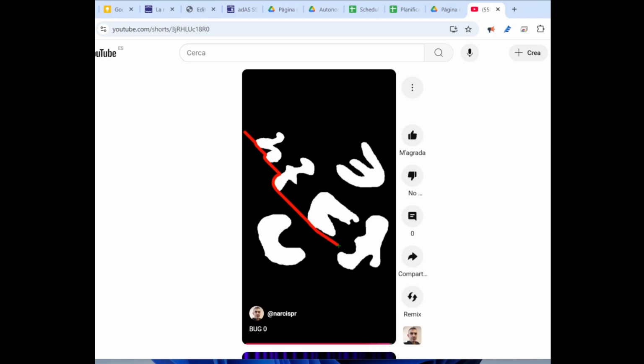Then it just decides to go forward. However, when it reaches here, it notices that no, it was not true. It was not free. There is an obstacle in the middle. Then it follows the obstacle again and says, okay, now my way is free again. Tries to move forward, but here again. It's the simplest algorithm that you can imagine.